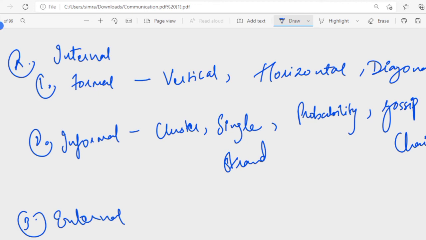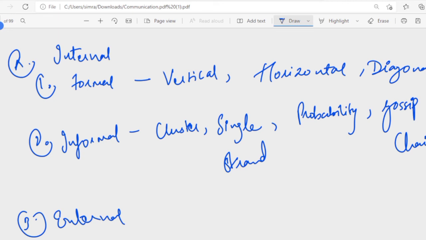It is just plain simple: whenever you are talking to someone outside your organization. Suppose you are a professor of ABC college, and when you communicate for college related work with an XYZ college professor, that is external communication.